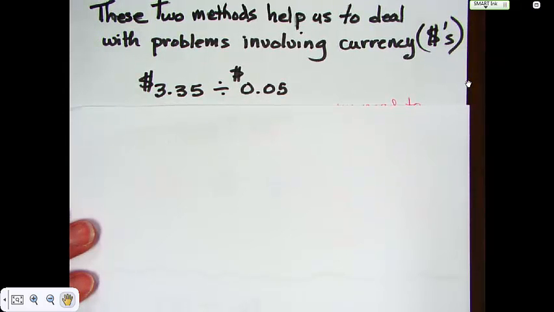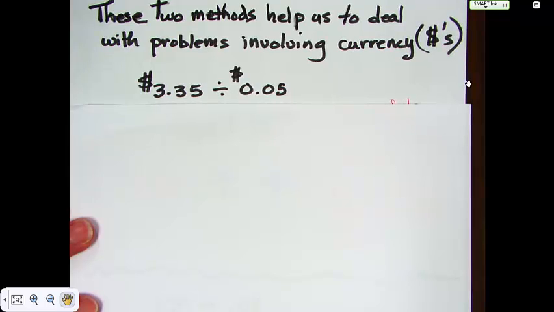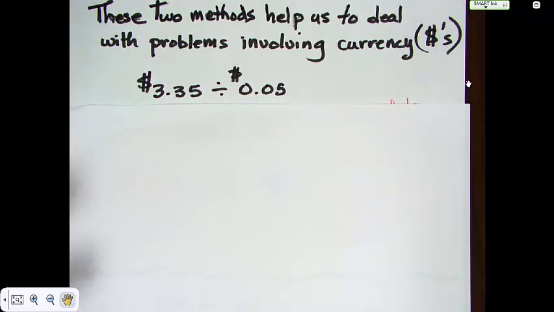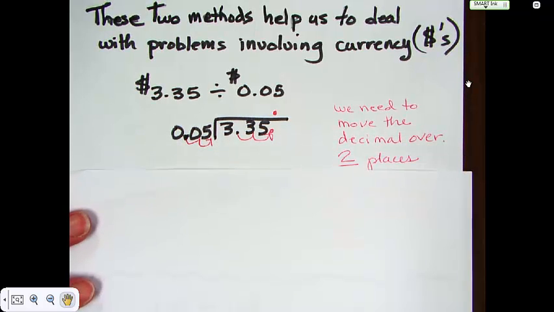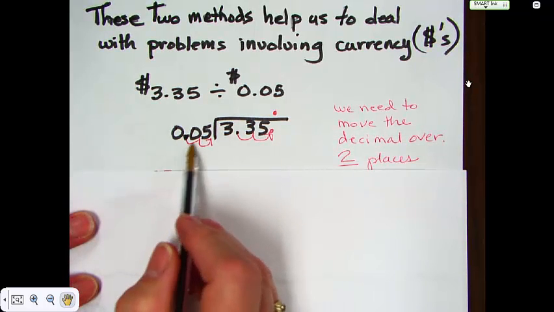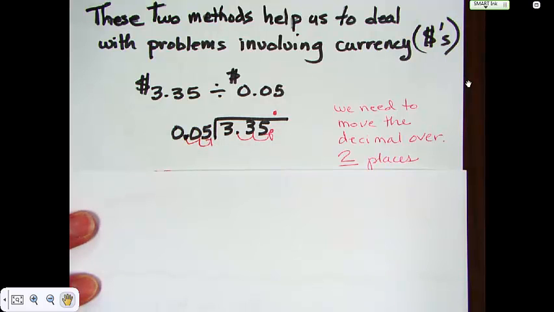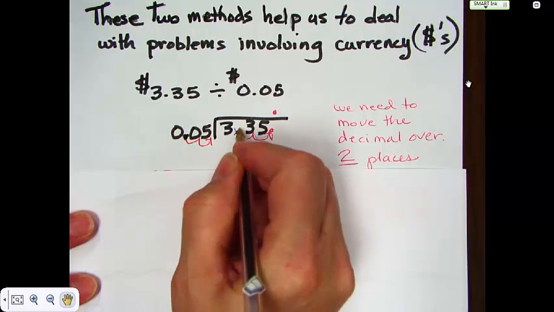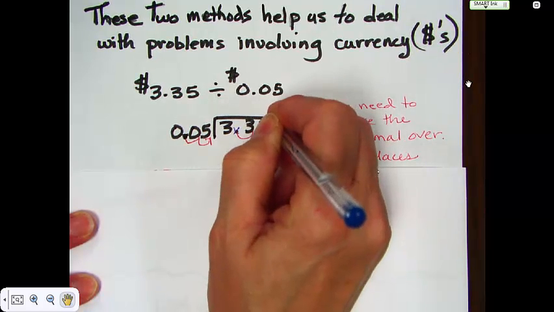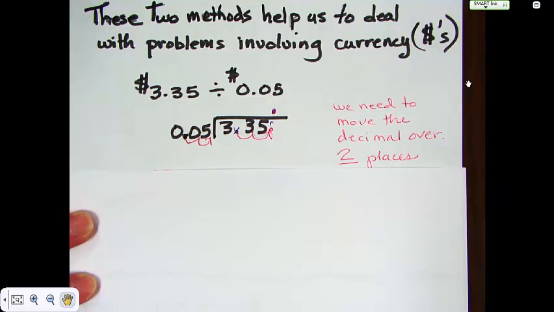For instance, if we had a problem like this, $3.35 divided by 5 cents basically is what it is. The two methods we would use, one would be this, simply moving the decimal over two places to the right here, and then coming over here and moving the decimal place two places to the right there. This goes away, and we move our decimal up, and this becomes a new decimal place.